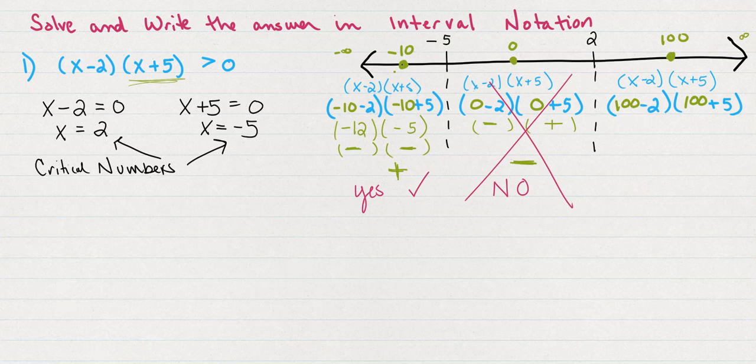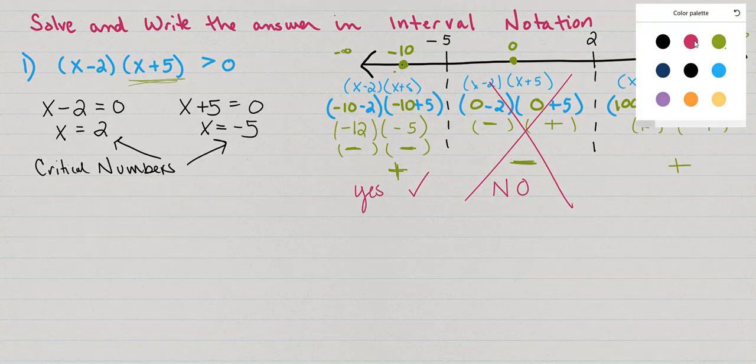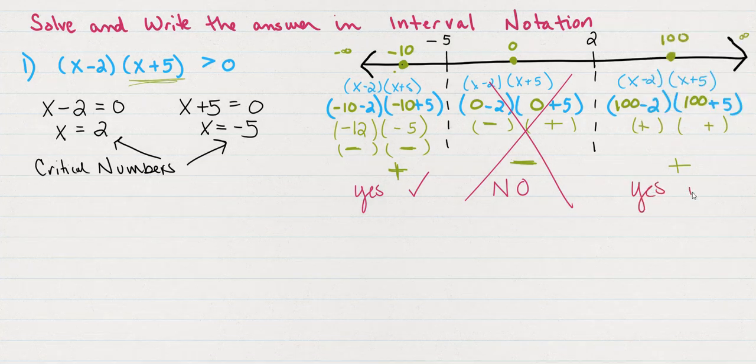Anything from 2 to infinity, that big number minus a little tiny 2, it's still going to be positive. Really big number plus 5, still going to be positive, right? And when I multiply a positive times a positive, I get a positive, and that looks like it's a yes. This is included in our solution.